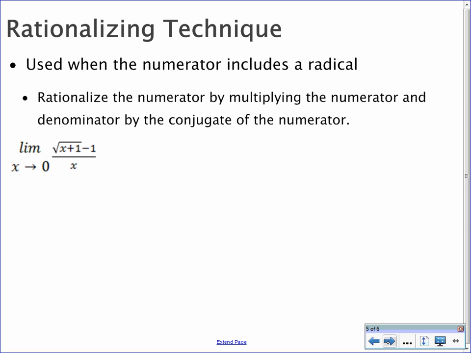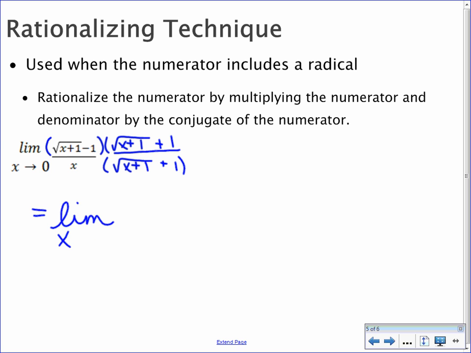What's the conjugate of A plus B? A minus B. So what's the conjugate of radical x plus 1 minus 1? Radical x plus 1 plus 1. And since we're working with a fraction, we need to multiply the numerator and denominator. So we have not evaluated the limit. We still have to write it.